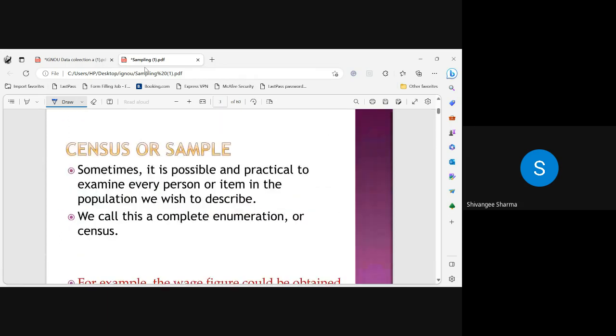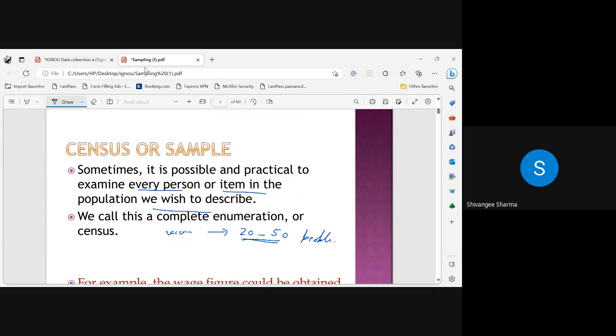Now, sometimes it is possible and practical to examine every person or item in the population we wish to describe. Suppose your study is, we can take the example of COVID also. In the very initial stage, when the vaccine was developed, that vaccine was tested on say 20 to 50 people only, right?